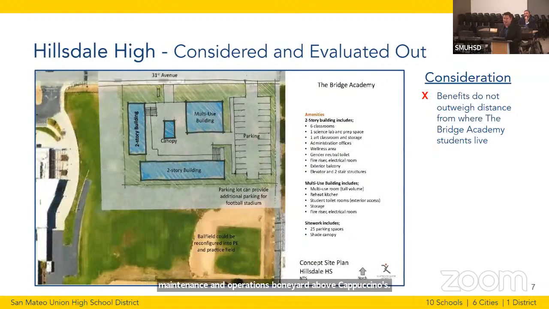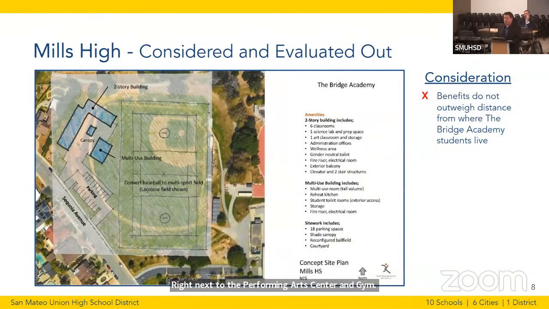This is Hillsdale High School on the secondary baseball field on 31st Avenue, right next to the Performing Arts Center and gym, as well as the Mills High School secondary baseball field that was replaced recently by the Fields project that was put in here.